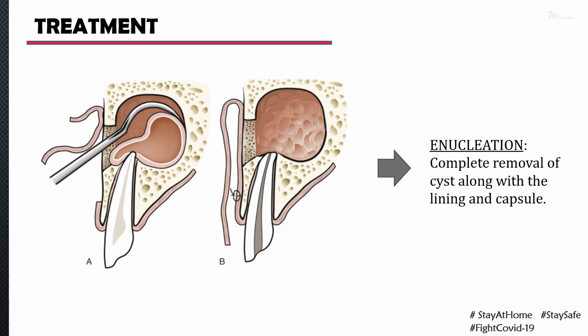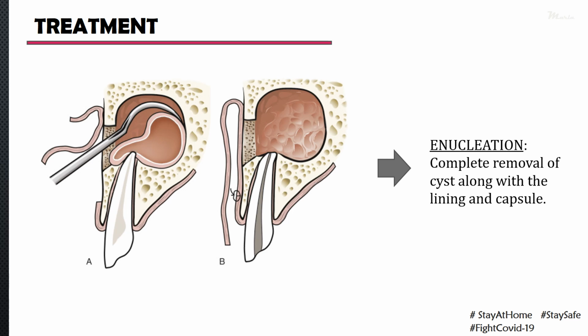Sometimes the cyst may not be able to be removed in toto. In such cases, the cystic lining and the walls are removed by scraping. Such a procedure is known as surgical curettage. Following the removal of the cyst, the hollow cavity is irrigated and then the defect is closed by closure of the flap.